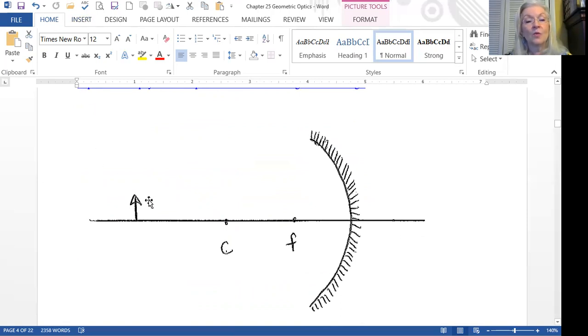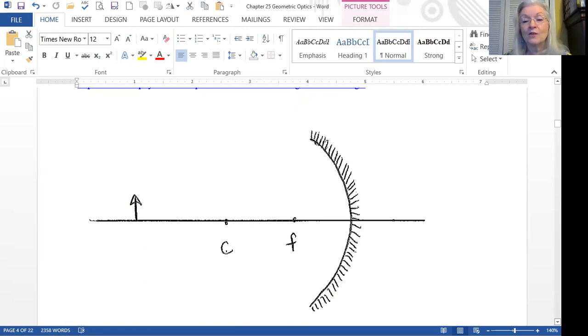So I think we will save the drawings till class, but we'll come in parallel and out through the focal point. We'll come in through the focal point and out parallel, and our image will be in here someplace. So I think we'll draw these images in class, and we'll have some more practice in lab.